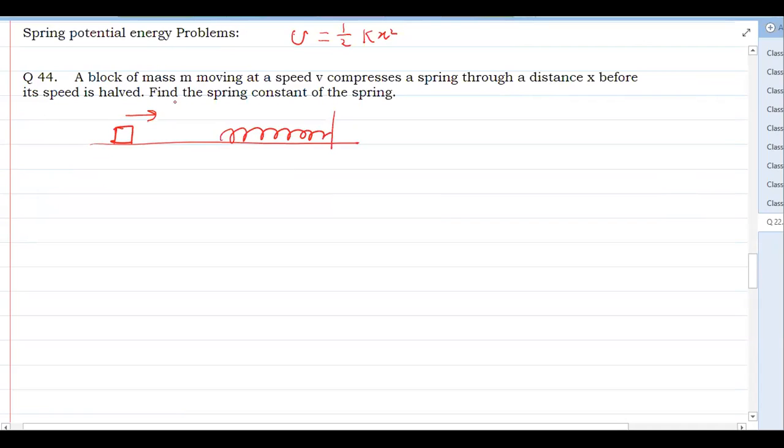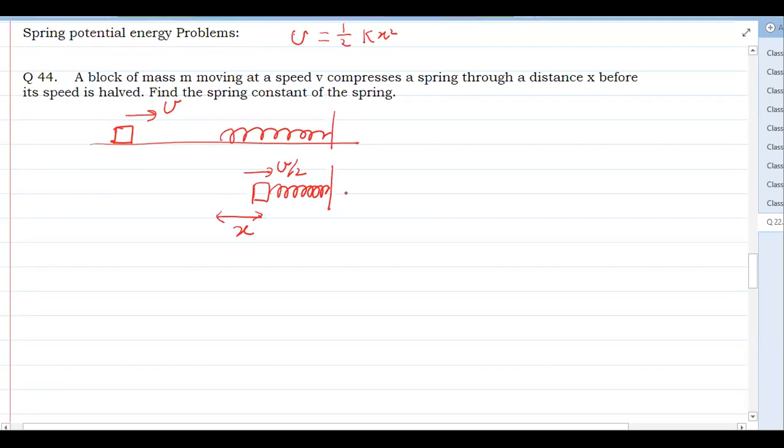So initially the speed is v, and then it compresses the spring. Suppose it compressed the spring by distance x, and its speed becomes half the original value. So find the spring constant.